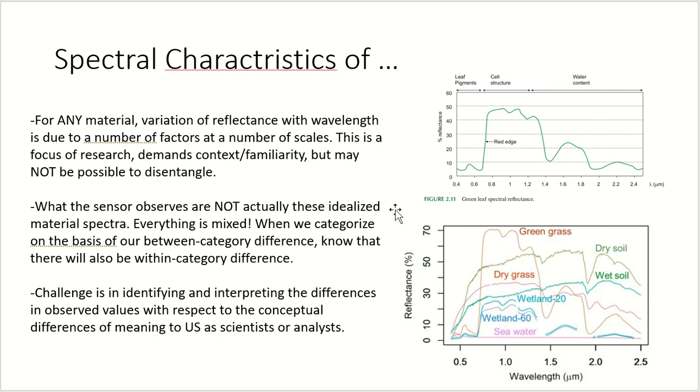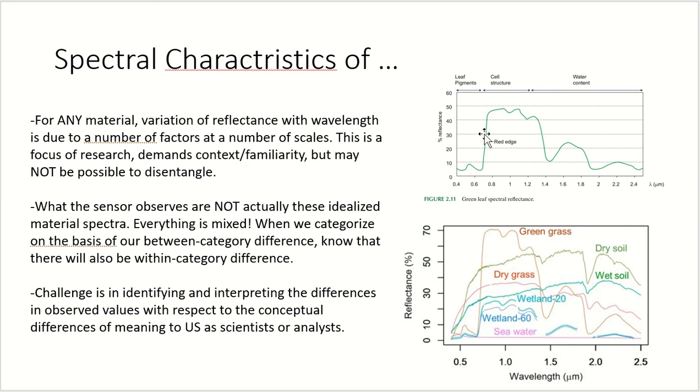And it may not even be possible to disentangle some of these. That points to another thing, second point. What the sensor observes, and we're going to get into this a little bit in topic 3 as we start to think about the real systems for observation, how these principles, which we've been focusing more on the materials that are being observed, how these observations are also reflecting the way we observe.